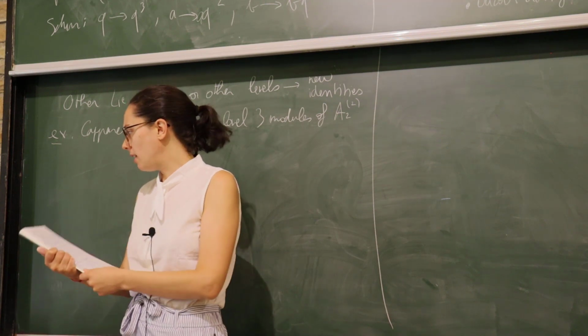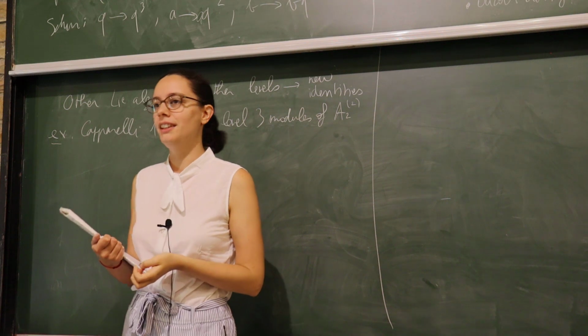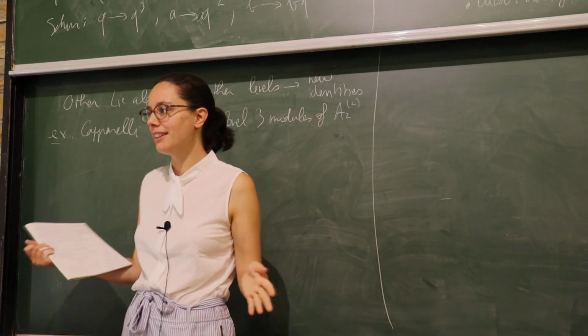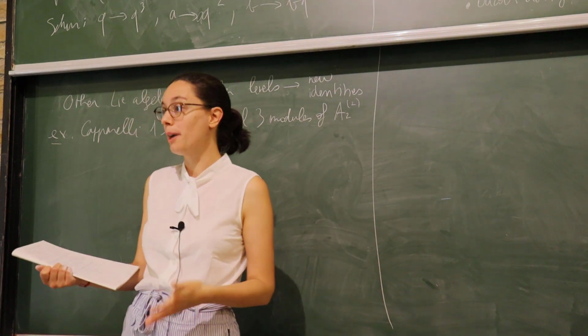But actually, in this approach, constructing the basis is not that easy in general. What they have easily is a spanning set, and then they try to reduce it by using some relations given by the Lie algebra.